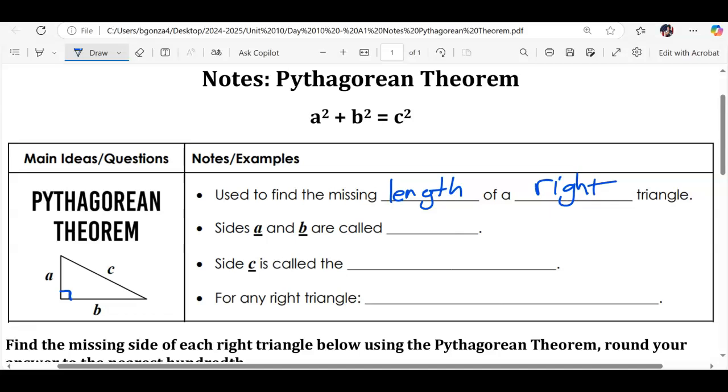Now you got to know the names or the titles of these specific legs. A and B are called legs.